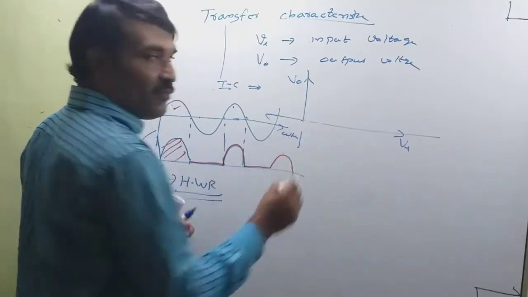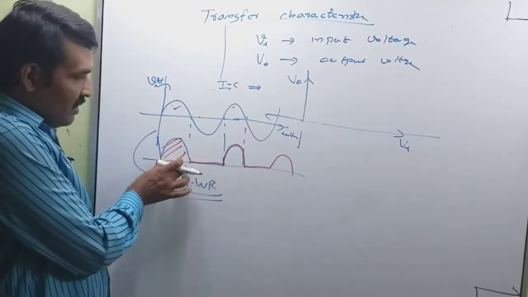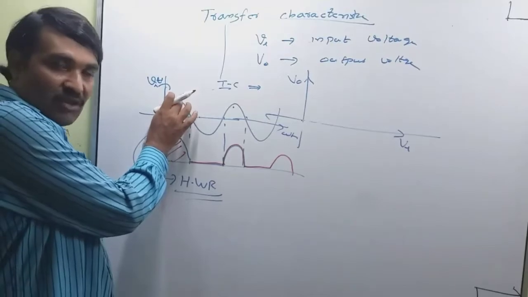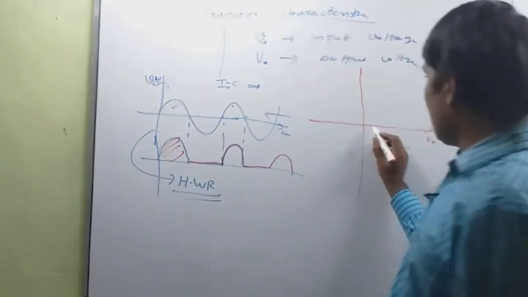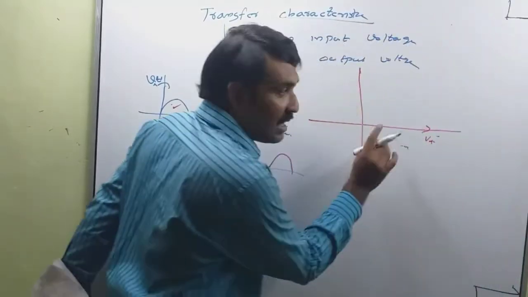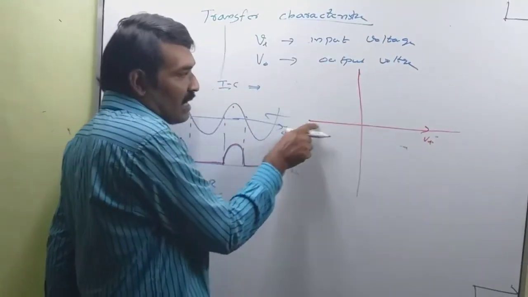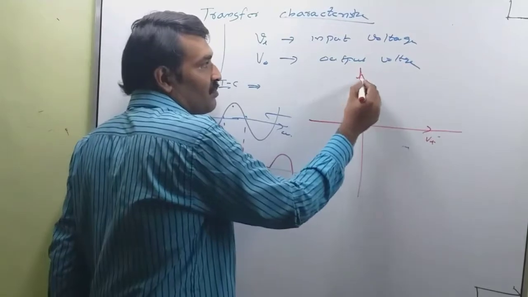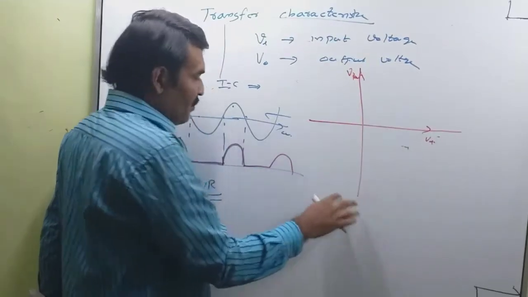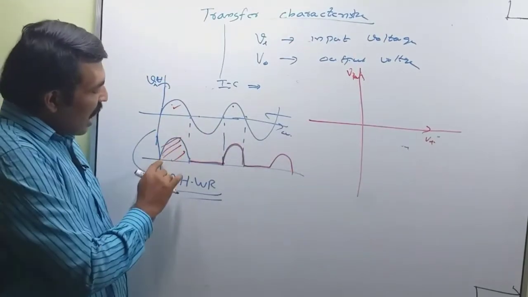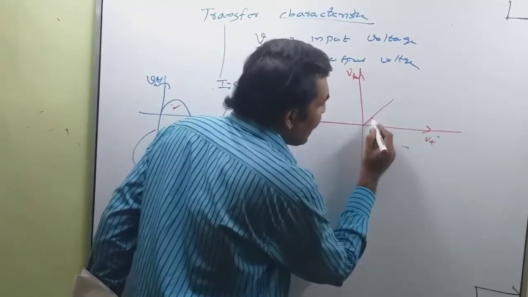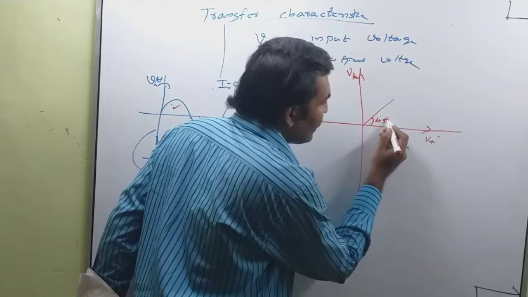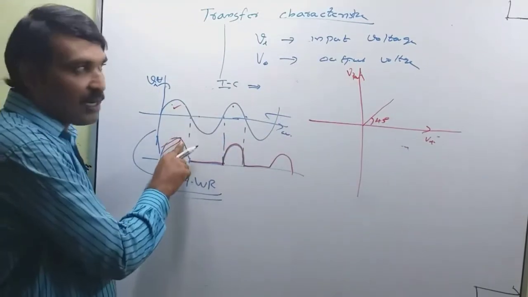So we are drawing the Vi characteristics. When the input is positive, that is the positive half cycle, output follows the input. This is input positive, input negative, output positive, and output negative. When input is positive, output follows the input, that means a line inclined at 45 degrees, which implies input and output are the same.